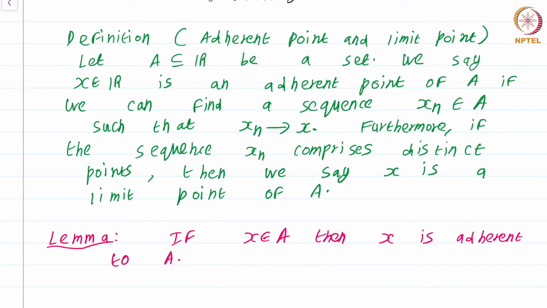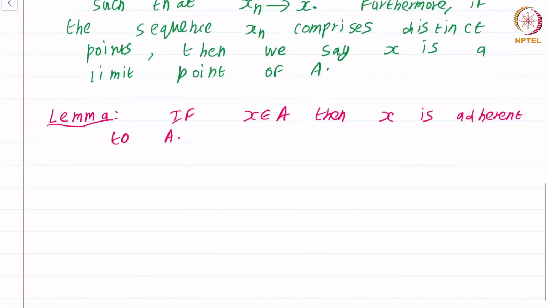Okay. Now, let me give some examples to illustrate that limit points and adherent points need not always be the same. So, examples. First, let's consider our favorite open interval (a,b) and closed interval [a,b].